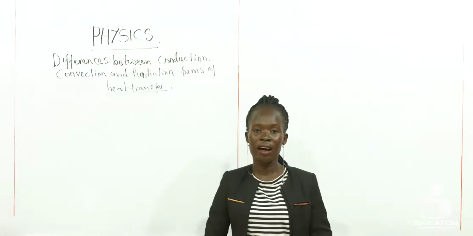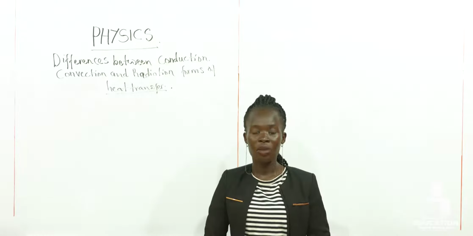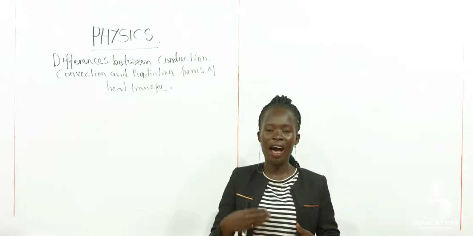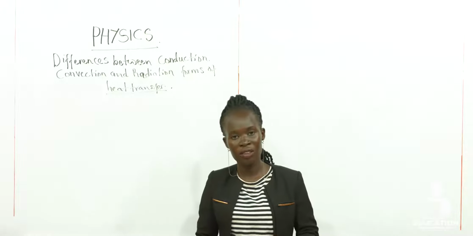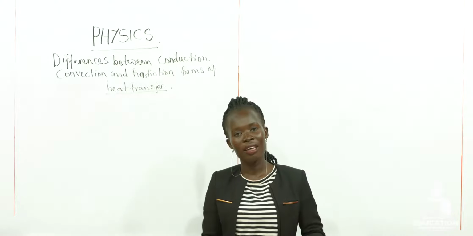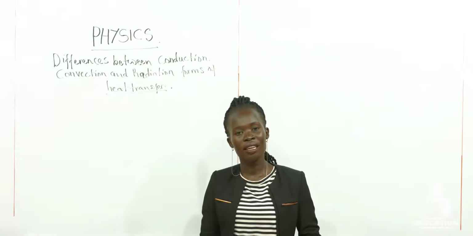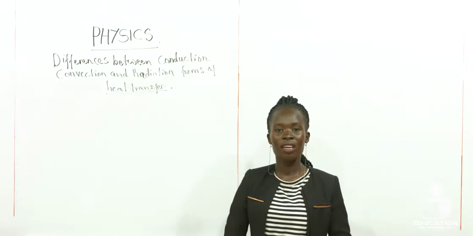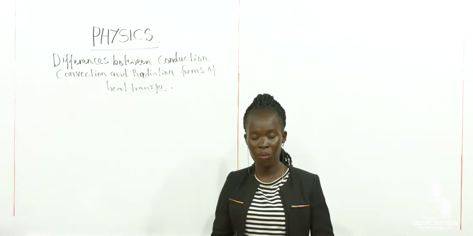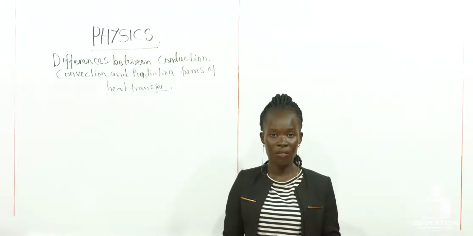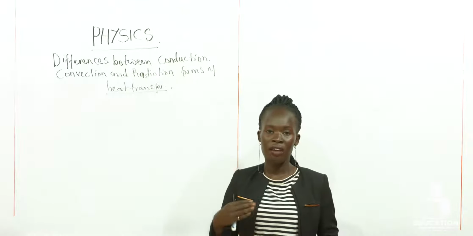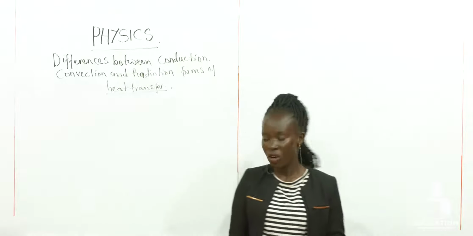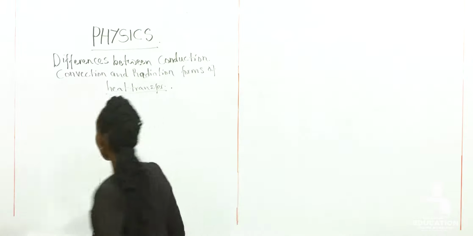If you look at air, the molecules are even more spaced than in liquids, meaning that during radiation the heat is transferred at the speed of light. So you see that it is very fast. For light to travel from one point to another is really fast. So heat is transferred faster during radiation than convection and conduction. So that is one of our differences.